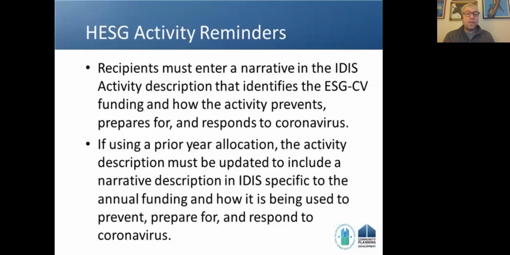Note that we encourage you to use old ESG funds readily. Use that money. It's there. Don't let it expire. Use those funds, and if you're going to use it for coronavirus, just edit those descriptions to be very clear on what it is you're doing as far as that activity is concerned. With that, I'll hand things back to Marlisa.